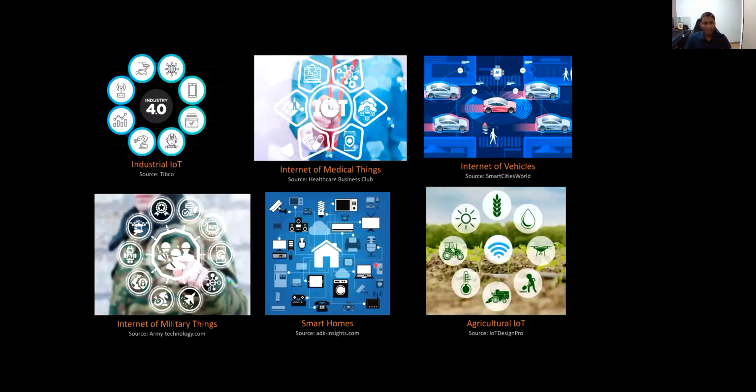Then we have smart homes, where you have smart thermostats, smart bulbs, the washing machine is talking, and a lot of physical objects that previously were not connected to the internet are now connected. Finally, one of the areas which is really gaining a lot of popularity is agricultural IoT, and I'll give you some examples shortly.